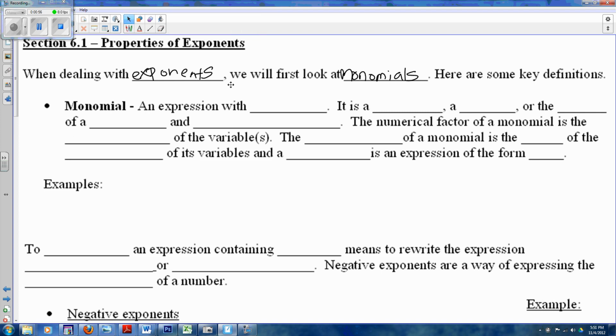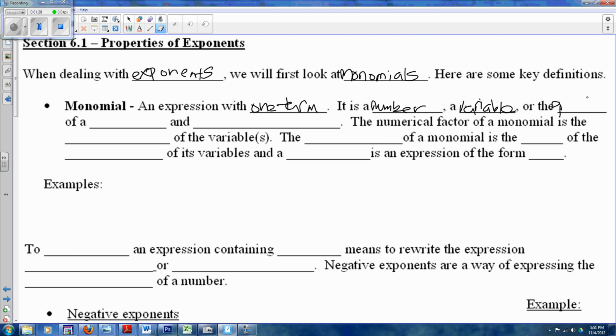Like mono means one, so it just has one term. It is a number, a variable, or the product of a number and a variable.